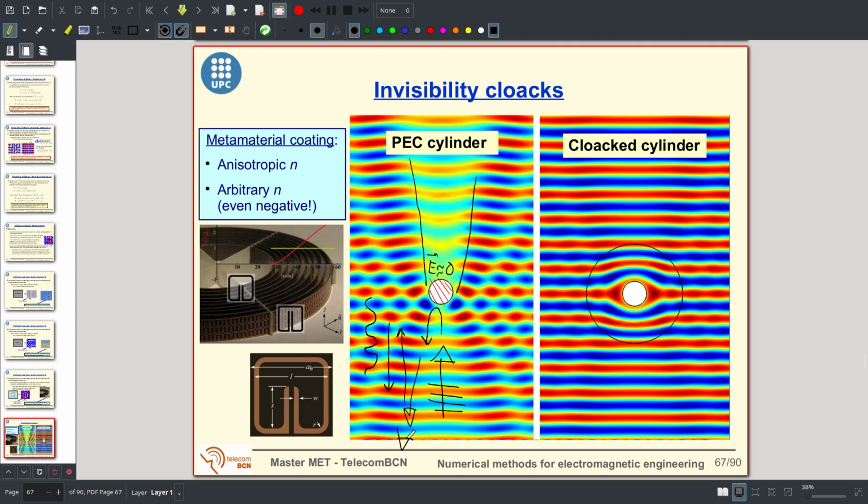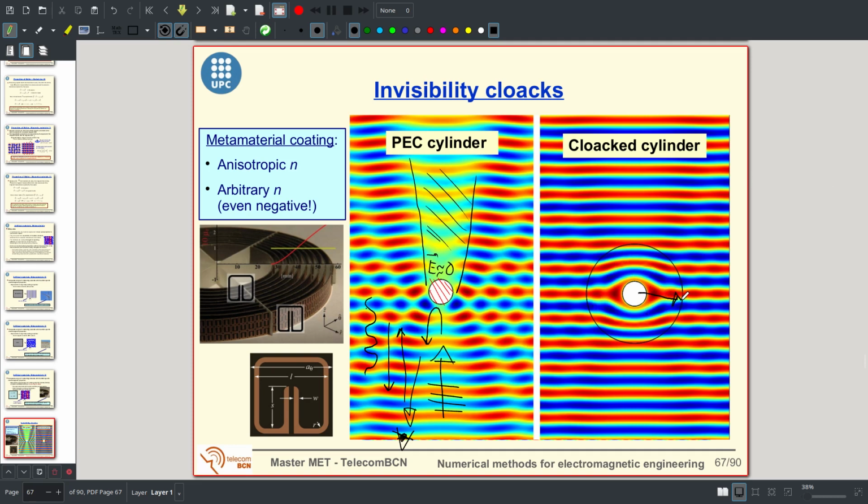Our eye sees the reflected wave, or we can see the shadow region here. Okay, and this allows us to see the cylinder. But we can cloak the cylinder and make it invisible if we surround the cylinder with that.